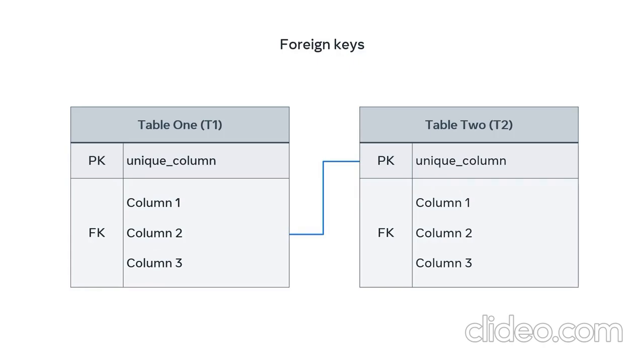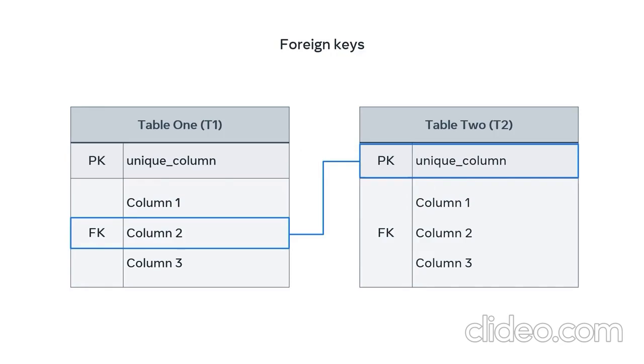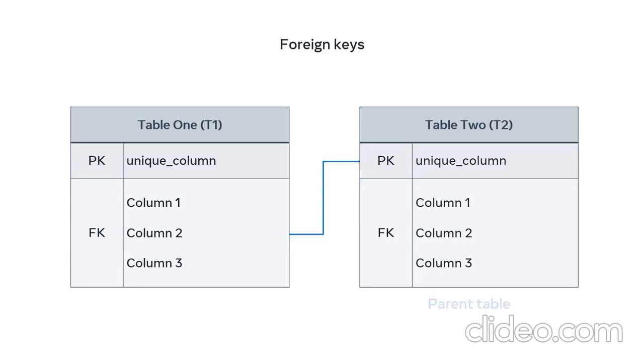In this case, the foreign key column values in T1 must correspond to existing values in the referenced column in T2. And the referenced column in T2 must contain unique values in each row of data. This will most likely be the primary key column in T2. In addition, the reference table T2 is known as the parent table, while the referencing table T1 is the child table.